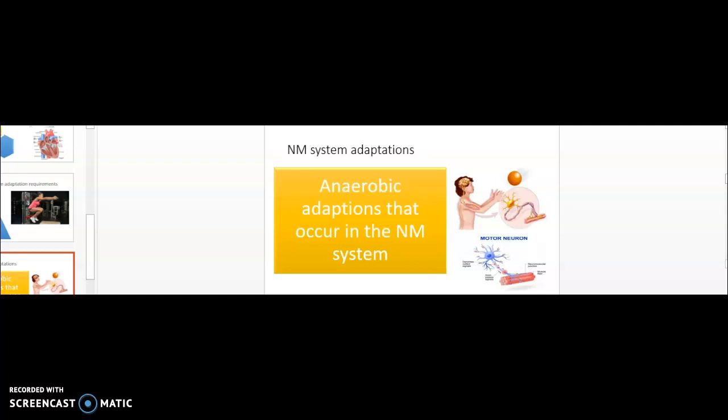Another neuromuscular adaptation that can take place would be muscular hyperplasia and hypertrophy. These are adaptations that will occur over time as they consist of the increase of a particular muscle tissue's overall size and strength.